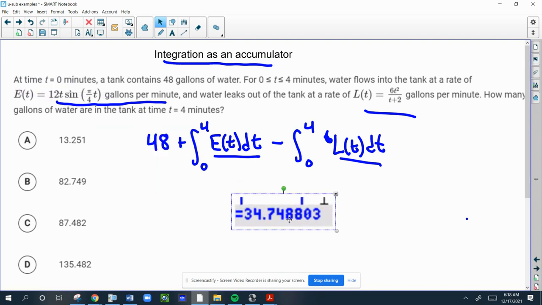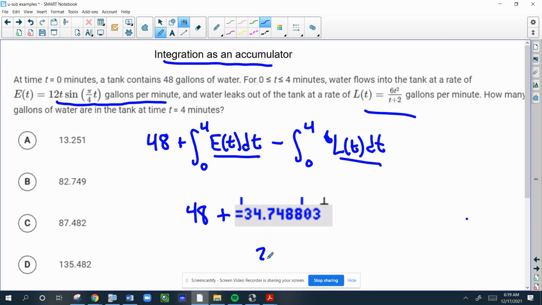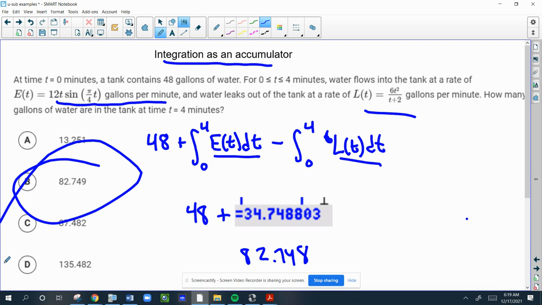That was that value. But remember that would be the total amount accumulated. So we're really adding 34 because it's positive. We had 48 in there. So that looks like we're going to be, let's see, 82.748. Bingo. So that's how you do integration as an accumulator.